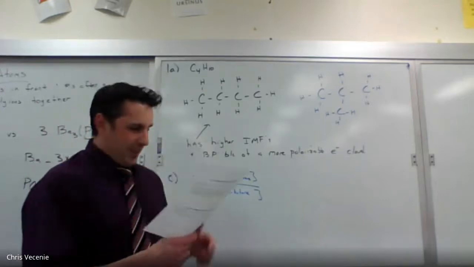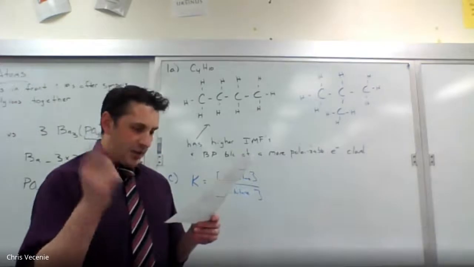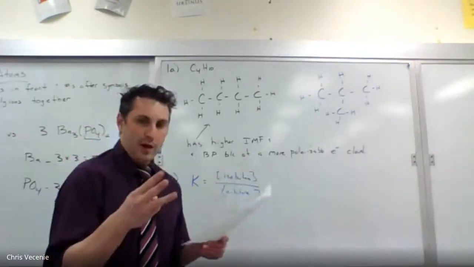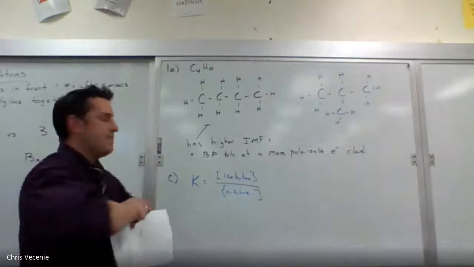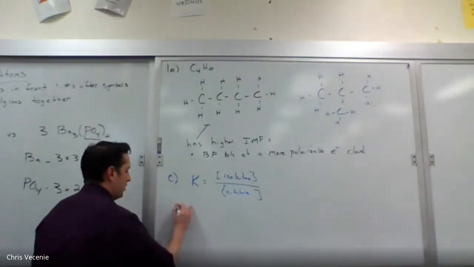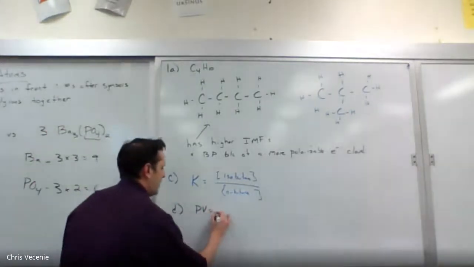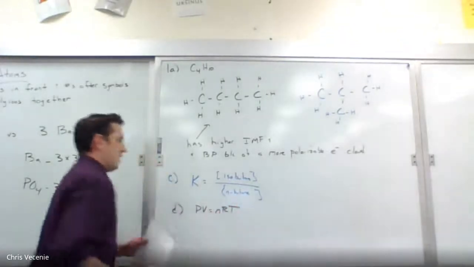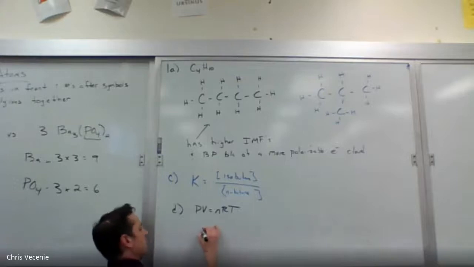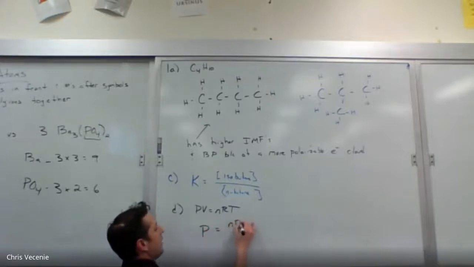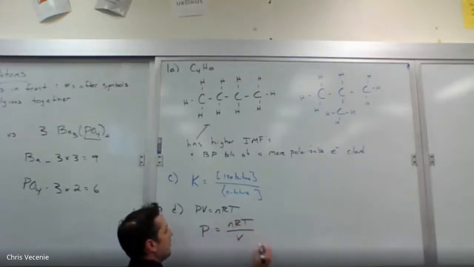So what I'm working with is I know the moles of it, I know the temperature of it, and I know the volume of it, right? And if I know those three things, I can do a PV equals nRT problem to get what the initial pressure is. So if I solve that PV equals nRT problem, looking for my pressure, it's nRT over V.